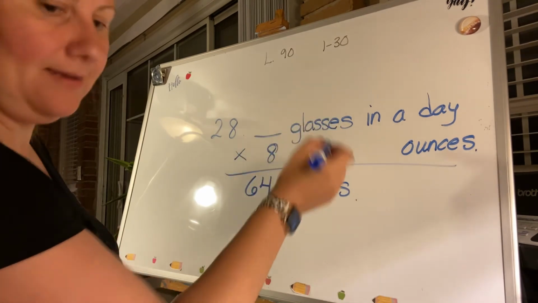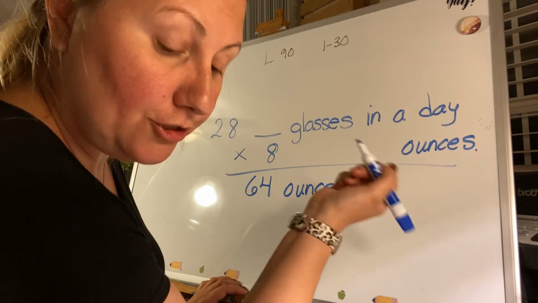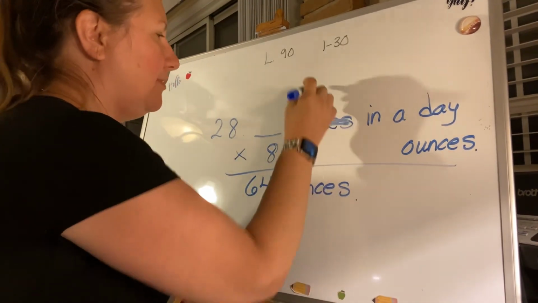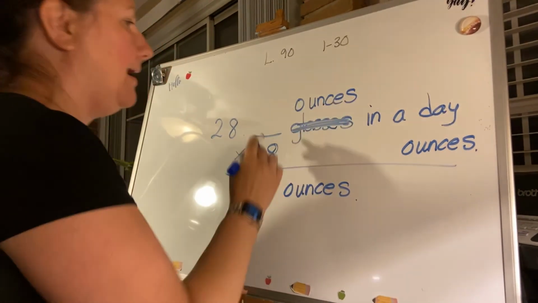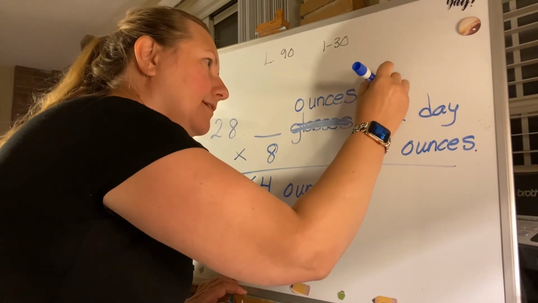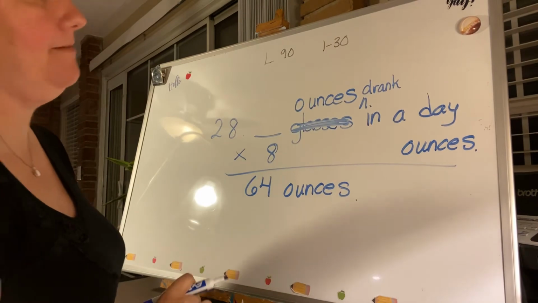How many ounces should she drink in one day? I should probably put ounces instead of glasses. How many ounces drank would make more sense. The number of ounces drank in a day.